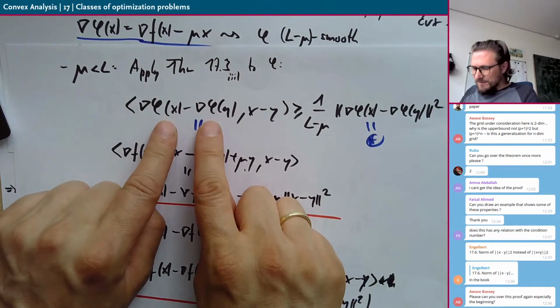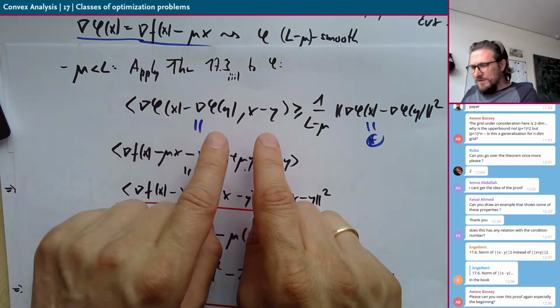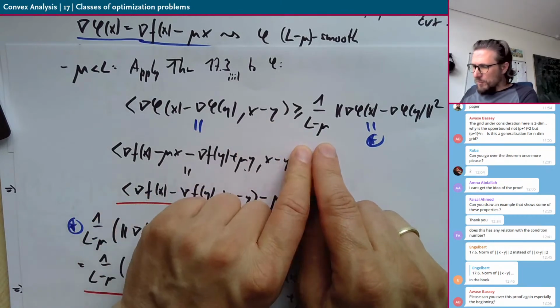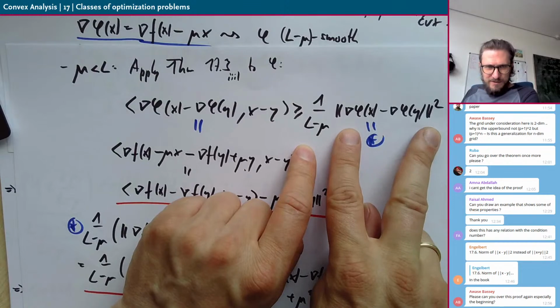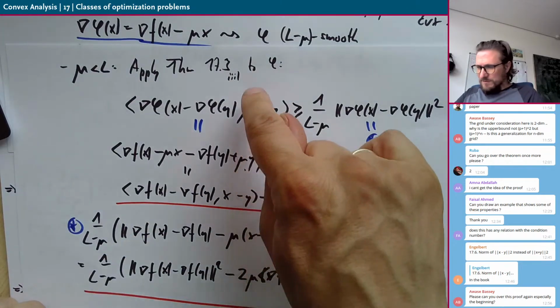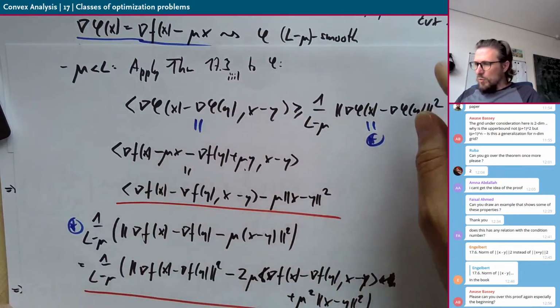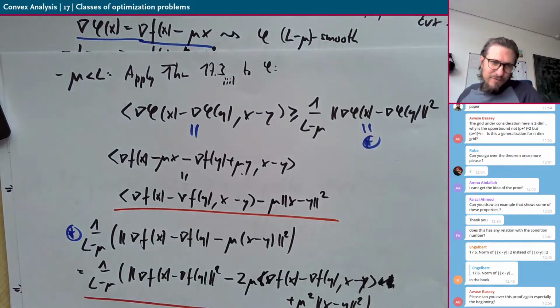And this says that for the function phi, it holds that gradient difference times point difference is bounded from below by 1 over the constant of smoothness times gradient difference. So that is now just this statement here applied to phi with this reduced smoothness. And now you plug everything in and clean up.